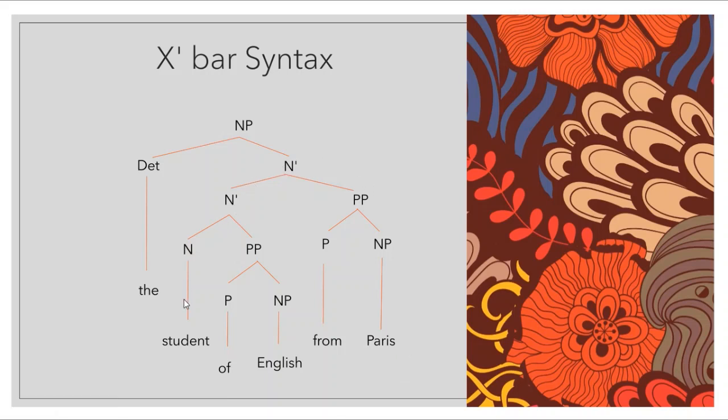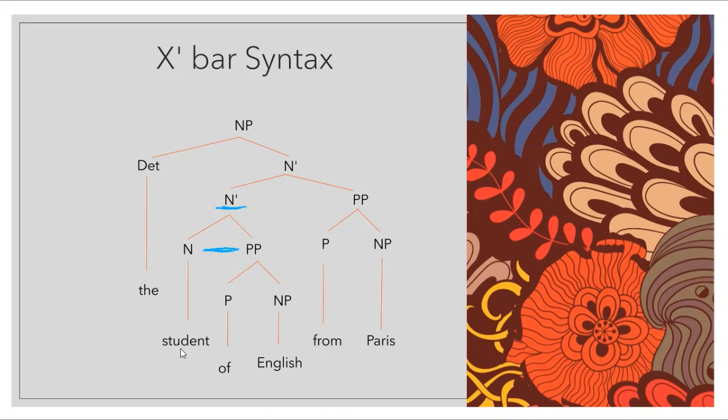But "student of English" is one constituent that comes under an N bar node. What did we say? The most important element, or the complement, or the argument, is next to the node, next to the head. They are under the same node, which means that this PP is the complement of this student.